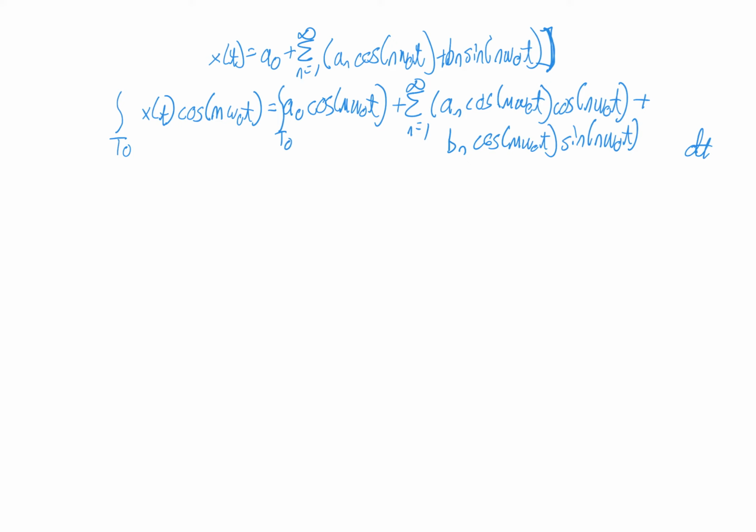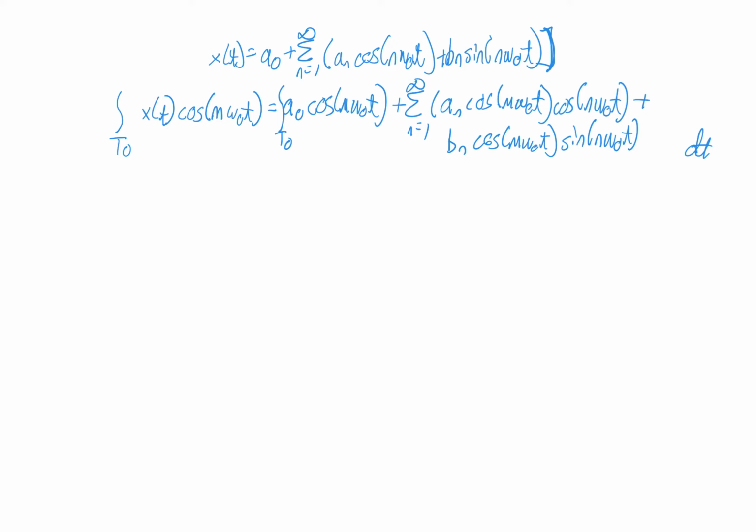Now, a whole lot of these terms on the right-hand side, when they are integrated over one period, are going to vanish to zero, and we're going to be left with just one term. So let's see what happens.